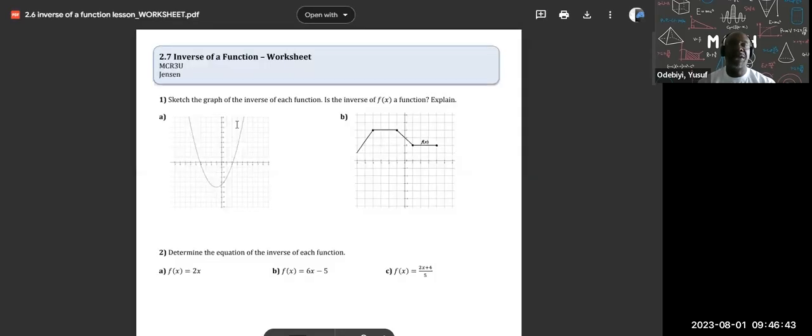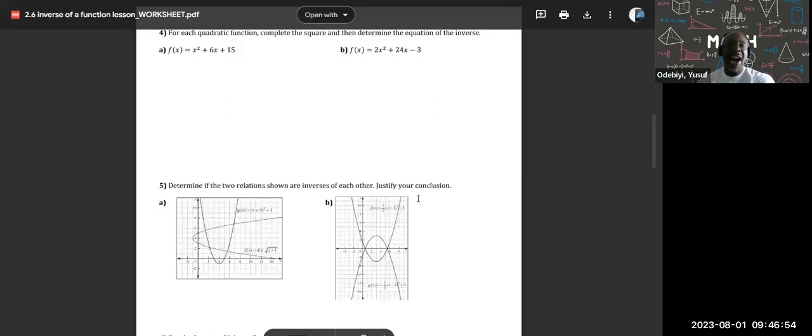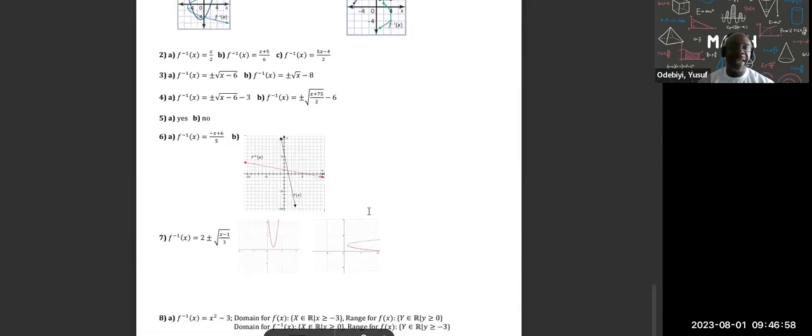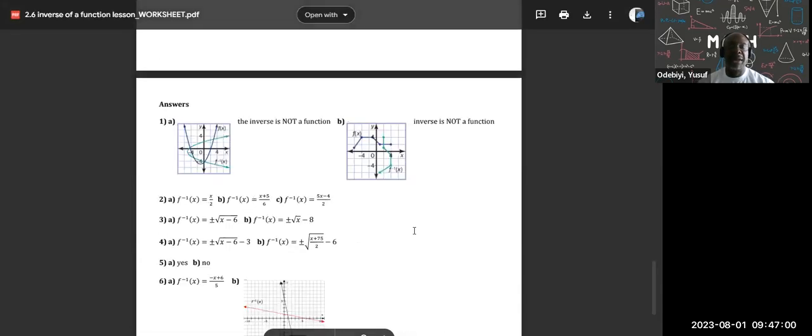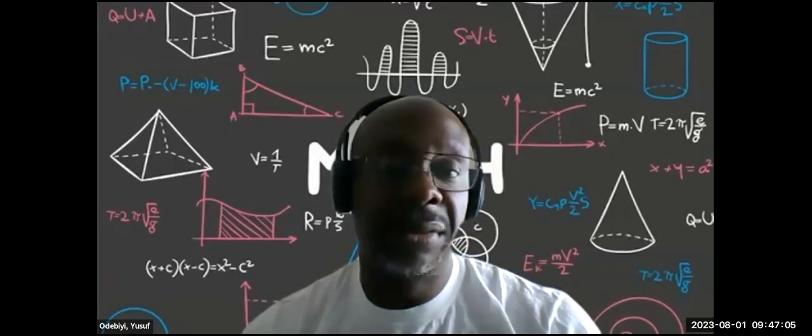Inverse of a function, right? So sketching, you can do the sketching. You can simplify, basically inverse these equations. And then the answers over here. Okay, so let's go on to the next lesson.